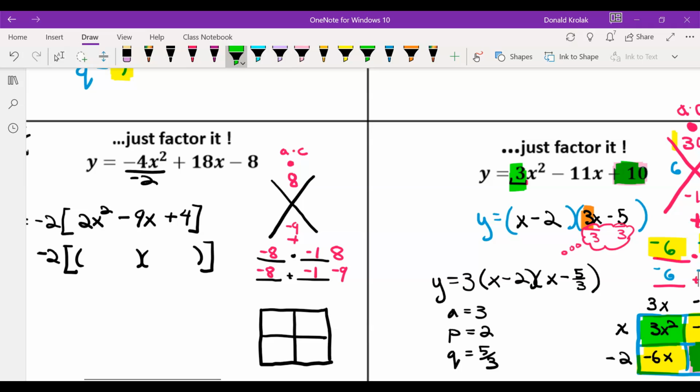Okay, so these two go here, here, and these two guys.